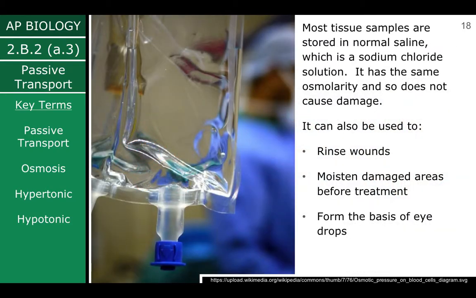Okay, so this is pretty interesting because most tissue samples are stored in normal saline, which is a sodium chloride solution, and it has the same osmolarity, so it does not cause damage.